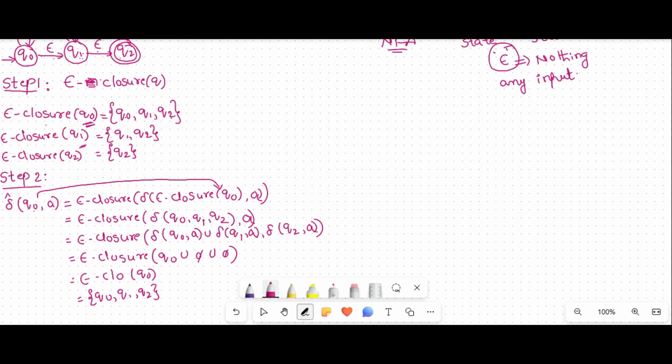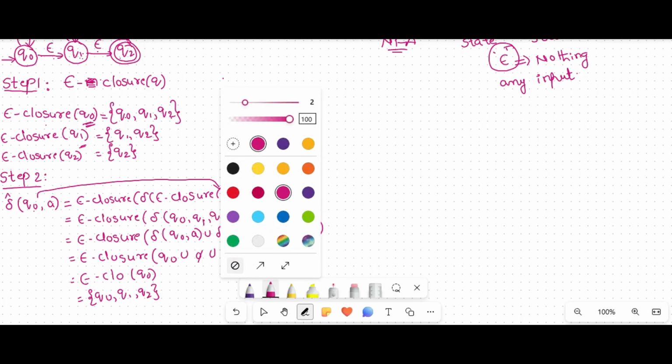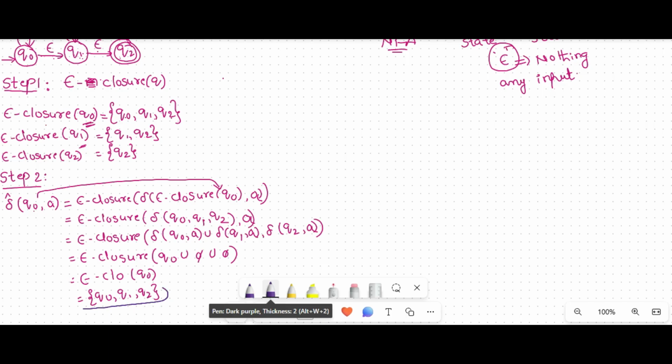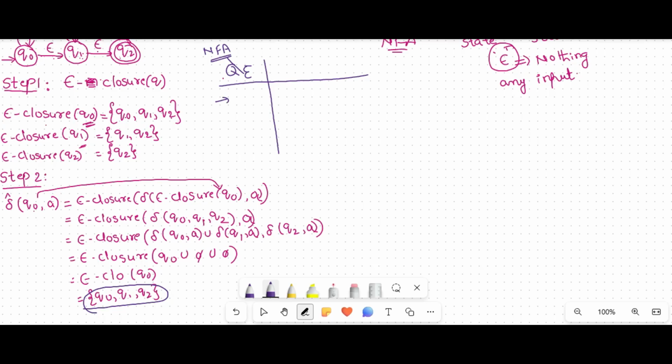I am writing this in a single box for identification. Here we can write the transition table, the NFA transition table, in parallel.